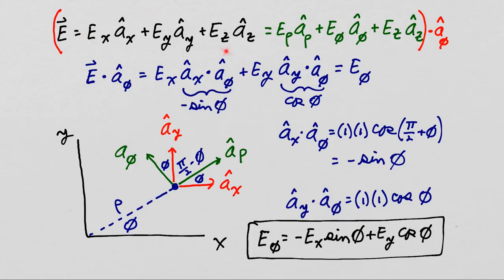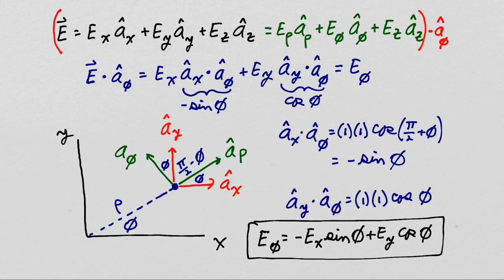Dotting this form of the electric field intensity with a sub phi will give us e sub x, ax dot a phi, plus e sub y, ay dot a phi, and az dot a phi is 0. So we have to find these two unit vector dot products to get e sub phi.